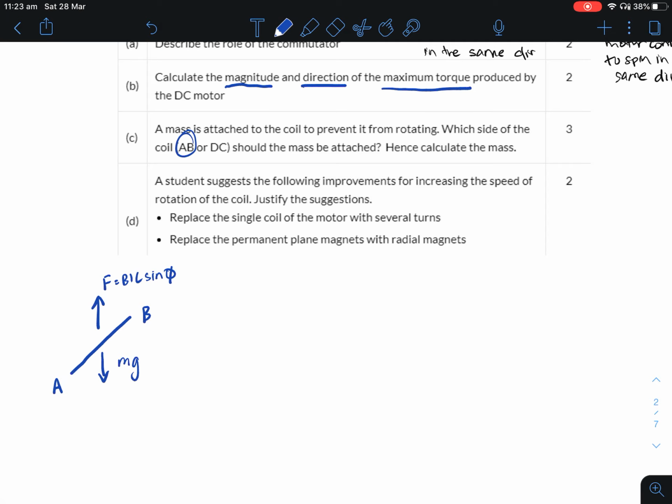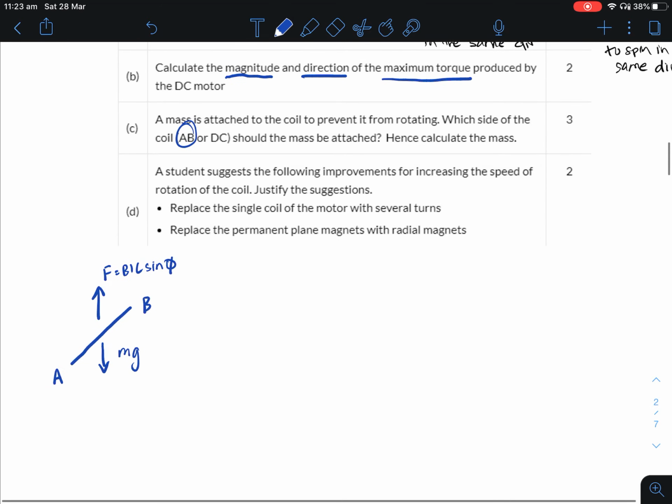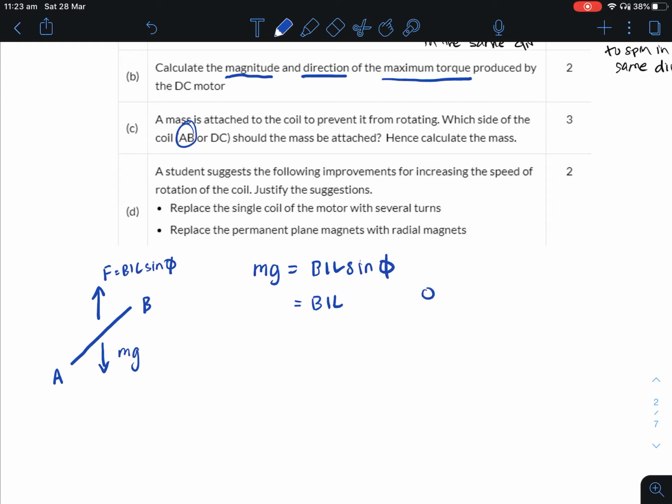So that's Newton's first law. We want the forces to be balanced. We want the net force to be 0. And so in other words, mg is equal to BIL sine phi. Or in other words, it's really just equal to BIL because here phi is equal to 90 degrees.